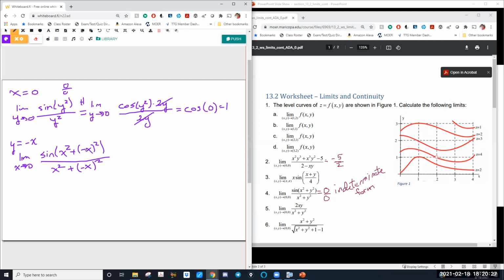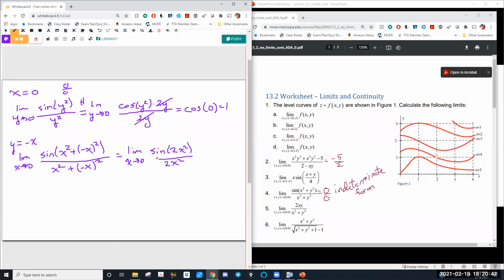Now the negative x squareds become positive x squareds. So we end up with the limit as x goes to 0 of sine of 2x squared over 2x squared.